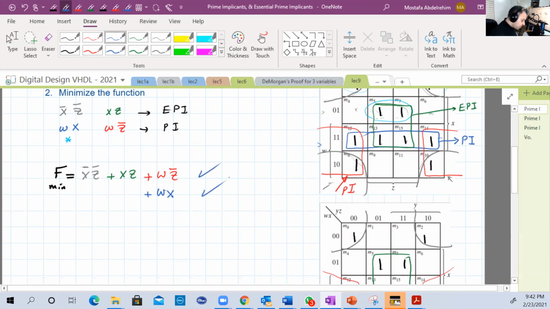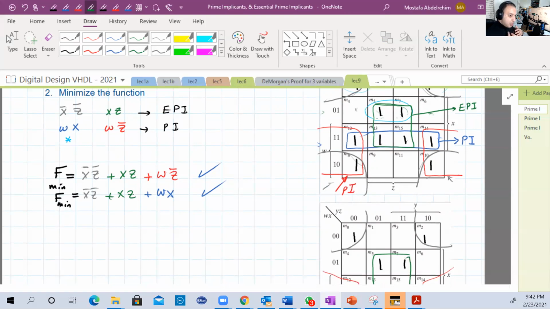Both are equivalent. So let's write both again, f minimum. Another solution we can say x bar z bar plus xz plus wx. Both expressions are equivalent. Both are optimized. Both are minimized. You can go with any of them.